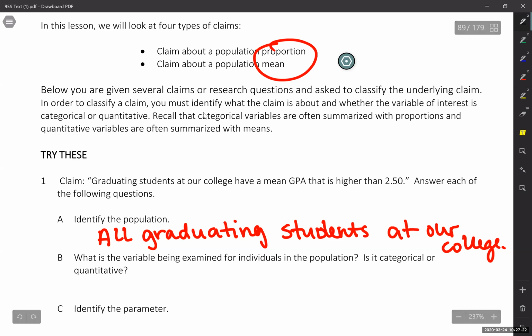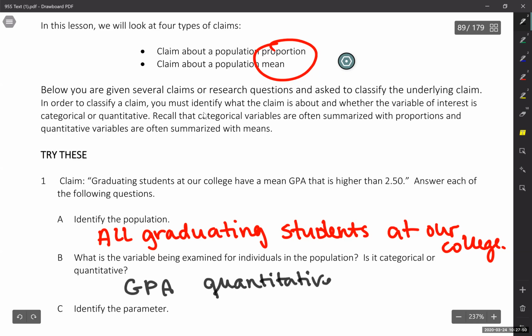Okay, so what variable is being examined in this problem, and is it categorical or quantitative? So this is a review of some of the vocabulary from chapter 1 and 2. And so what we're looking at is what's changing between the students, and that would be their GPA. And since GPA is a number, it is quantitative.